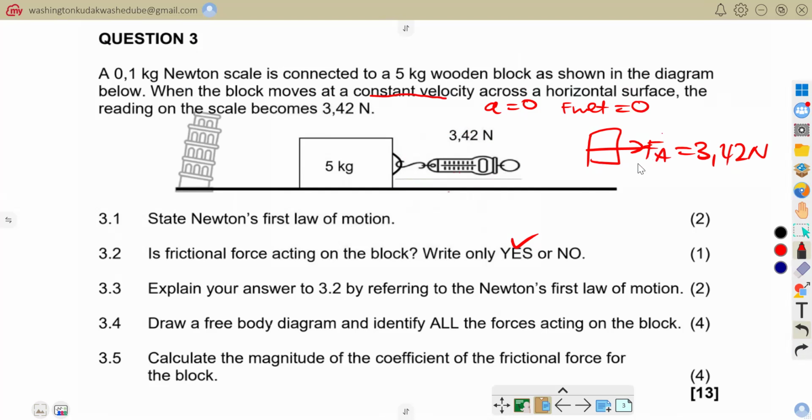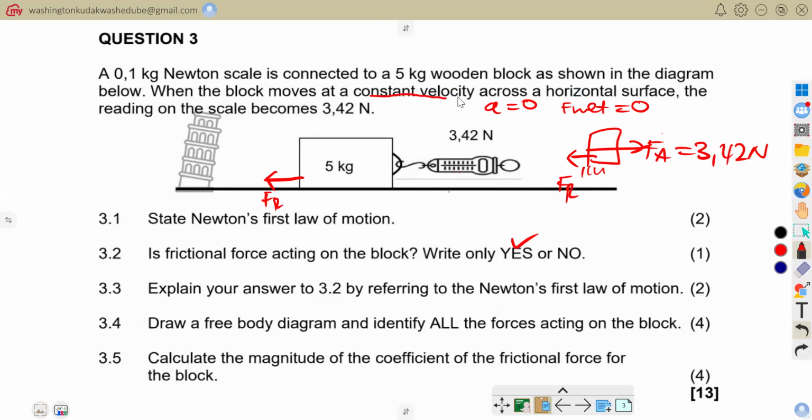So this applied force has to have a balancing force in the opposite direction so that the net resultant force becomes zero. And that can be none other than the frictional force, which is the force resisting the change of motion. So here there is frictional force. That is the reason why the object will remain at its constant velocity.